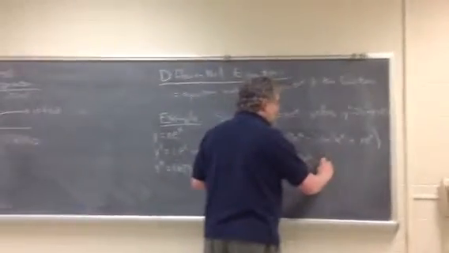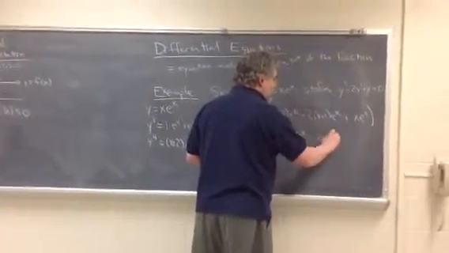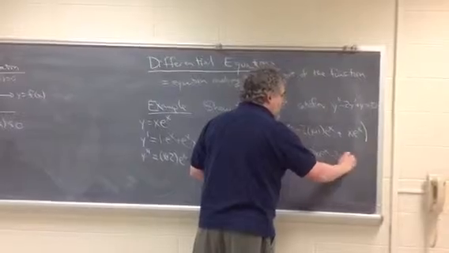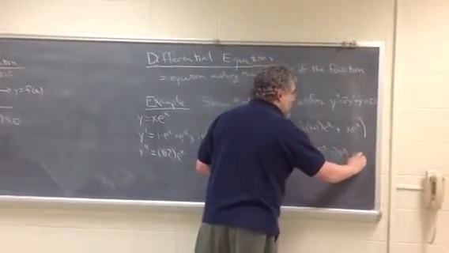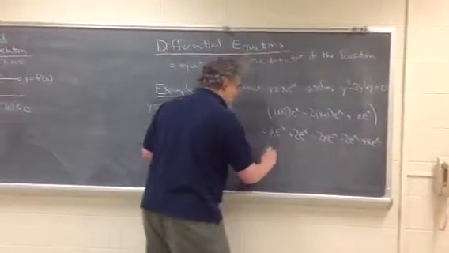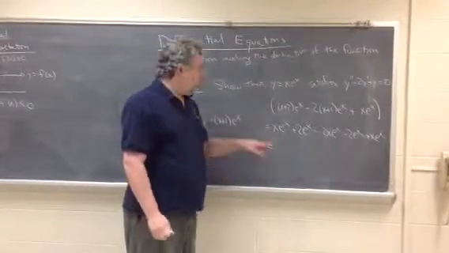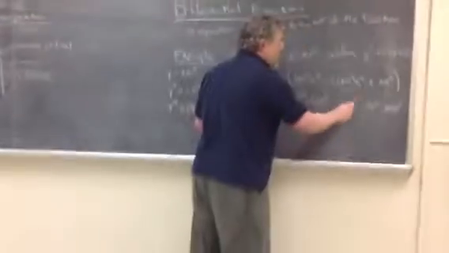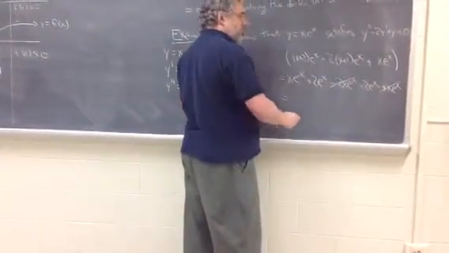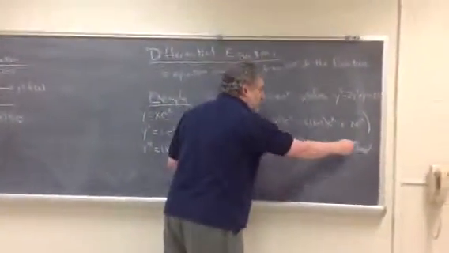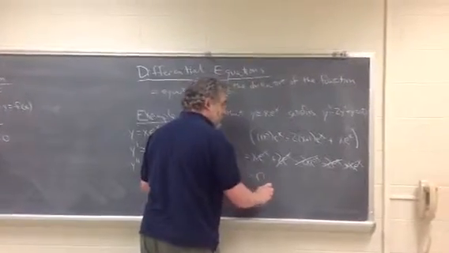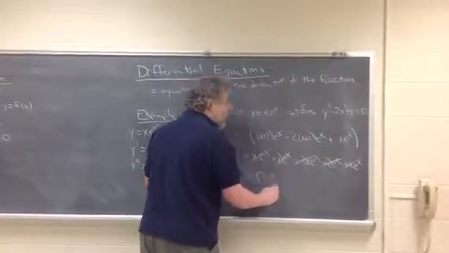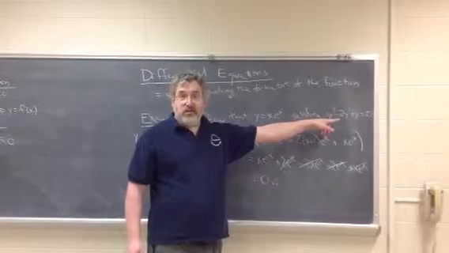I have 2x e to the x with a minus sign. And minus 2 e to the x. And then plus x e to the x. Let's cancel it all out. What do I get? x e to the x, x e to the x, that's 2 of them. Minus 2 here. There's 2 here. There's 2 there. Look what happens. It's all equal to 0. This does, in fact, work. This does satisfy the differential equation.